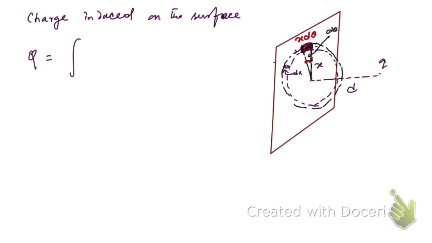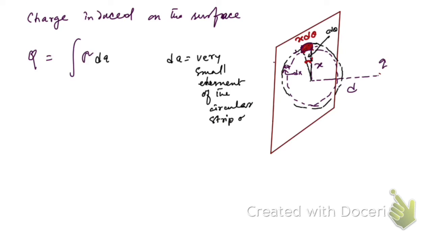Q equals an integration, where the charge density is this, and we take the small area element, dA. dA is a very small area element of the circular strip of radius x, and it produces angle d theta at the center.